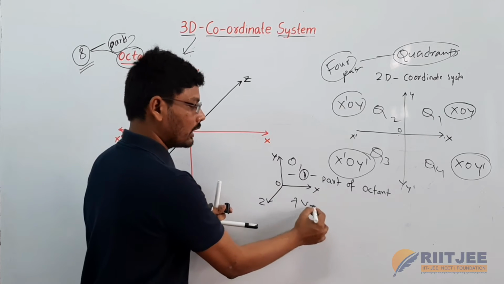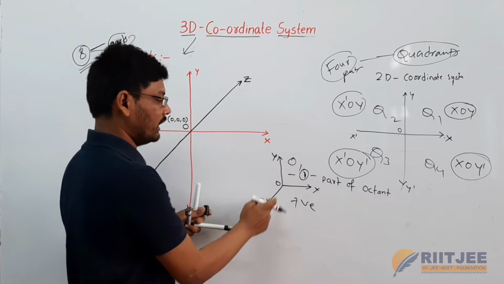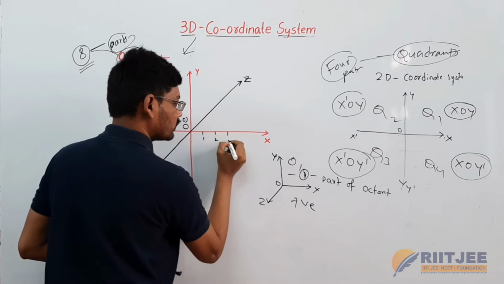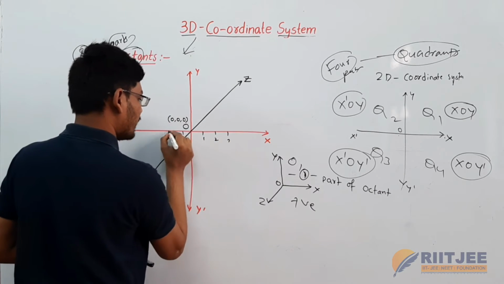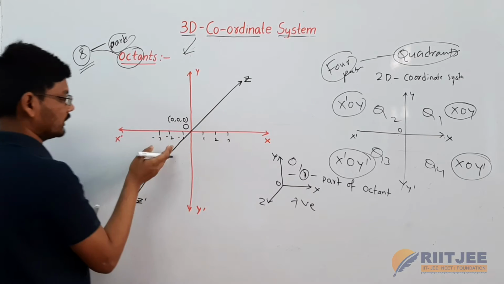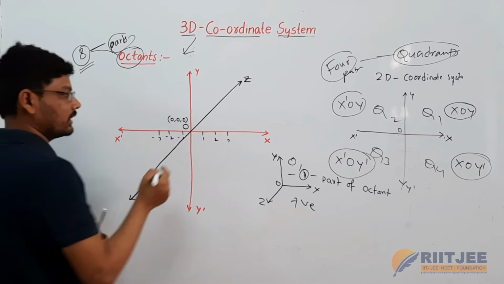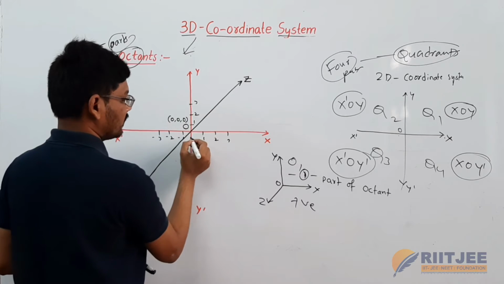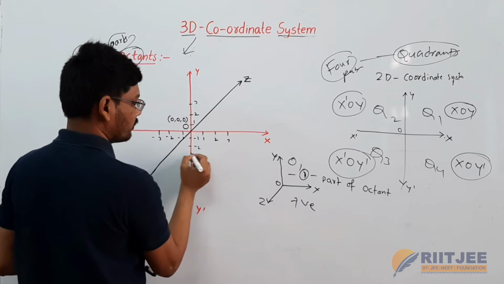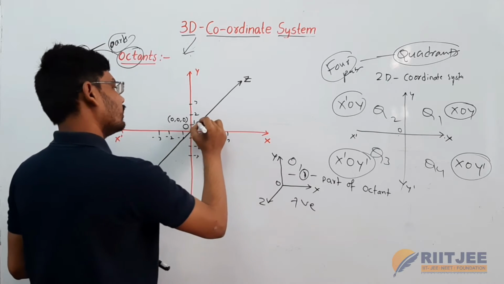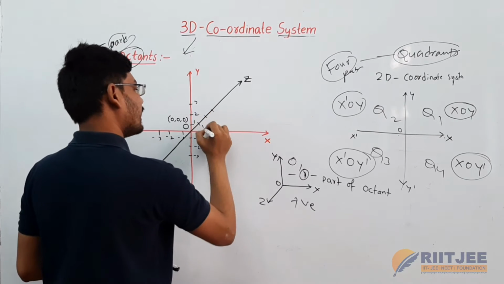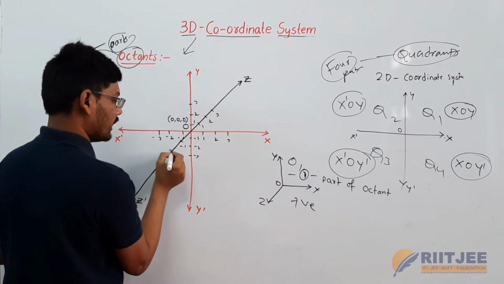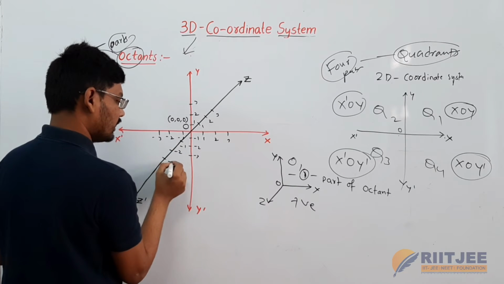Positive, all are positive here, x, y, y dash. Here 1, 2, 3, here minus 1, minus 2, minus 3, on the x dash side we are getting negative values. Here 1, 2, 3 are positive values, here minus 1, minus 2, minus 3 are negative values.